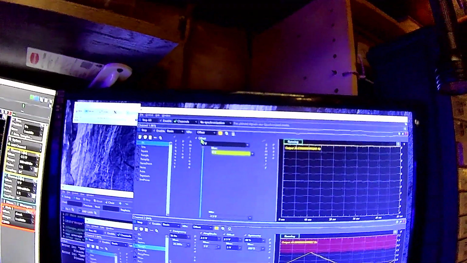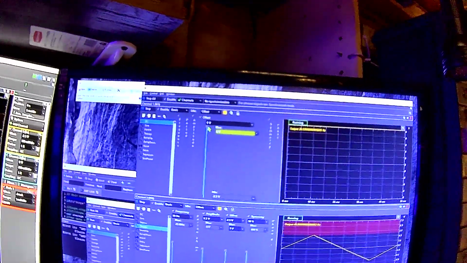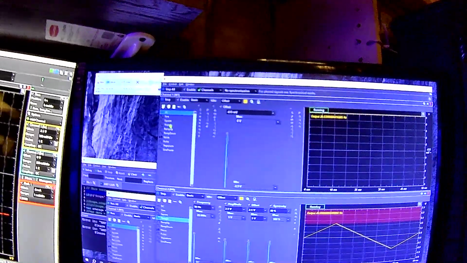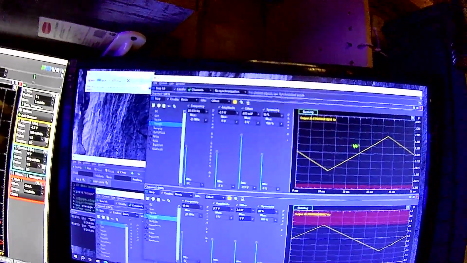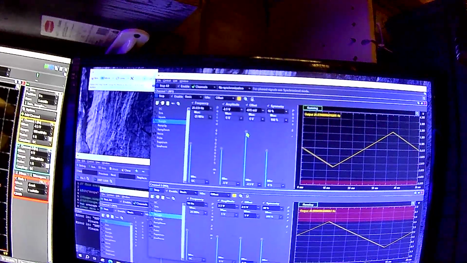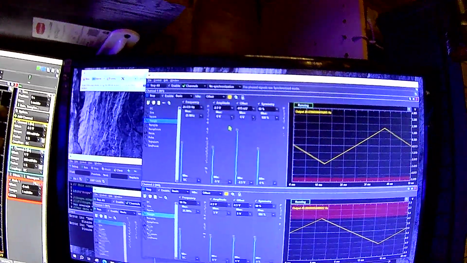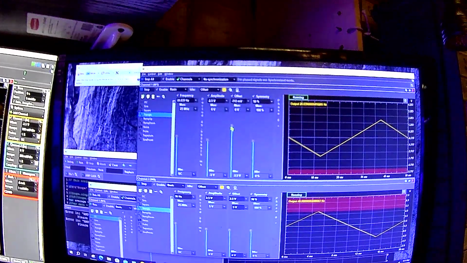But if you notice, that's the offset voltage it's adjusting. That offset voltage you need to set particularly for a waveform, because it's the same in DC as well as the waveform itself.